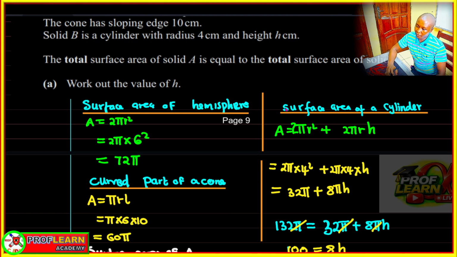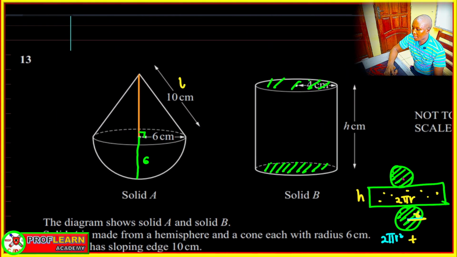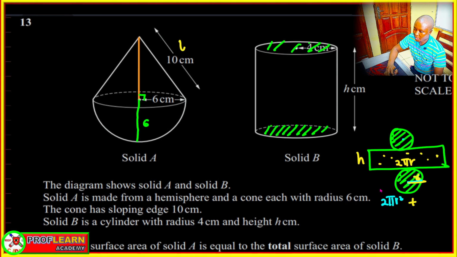The surface area of the cylinder is going to be the area of the top and the area of the bottom, plus the curved part of the cylinder, because the curved part is the one that goes around the top and the bottom.